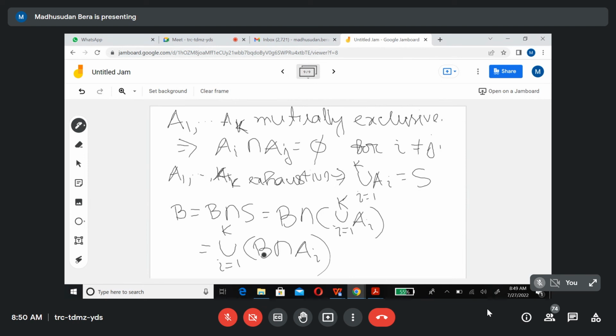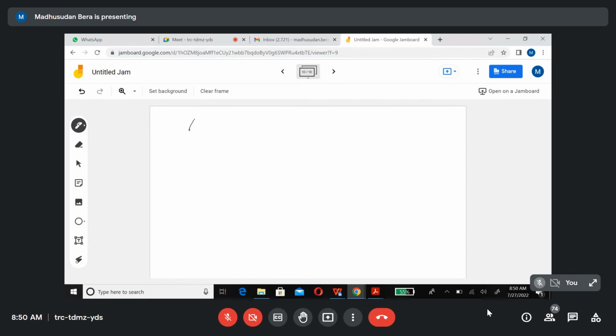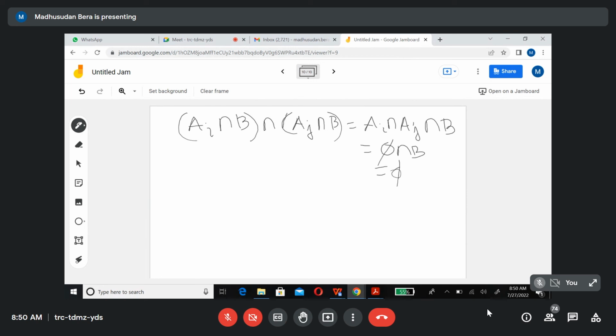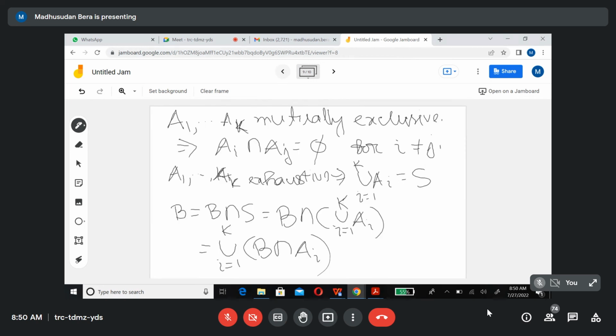If we take two different sets, AI intersection B and AJ intersection B, what will be AI intersection AJ intersection B? B is the common. So AI intersection AJ is phi, and phi intersection B equals phi for I not equal to J. That's why that collection is also mutually exclusive.